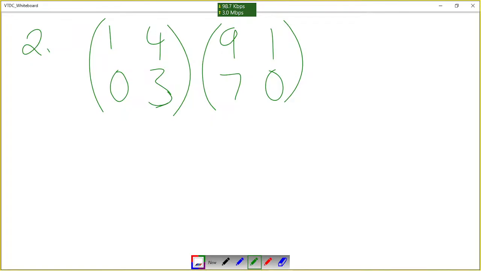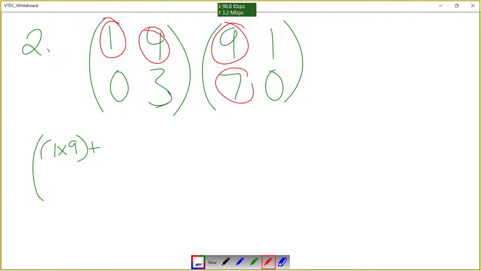I'm going to open a bigger matrix down here, then multiply this number by this number, so I open a smaller bracket and say 1 by 9, close bracket, plus, then multiply this number by this number, which gives us 4 by 7, like that.